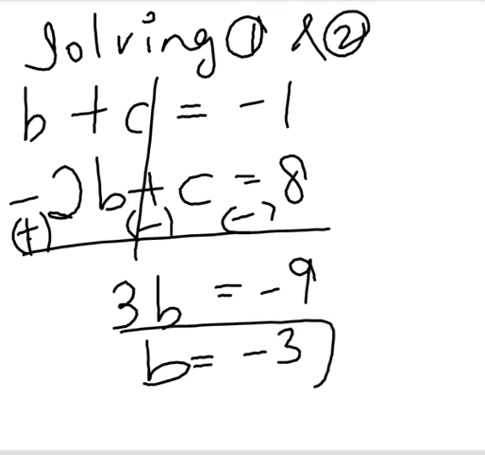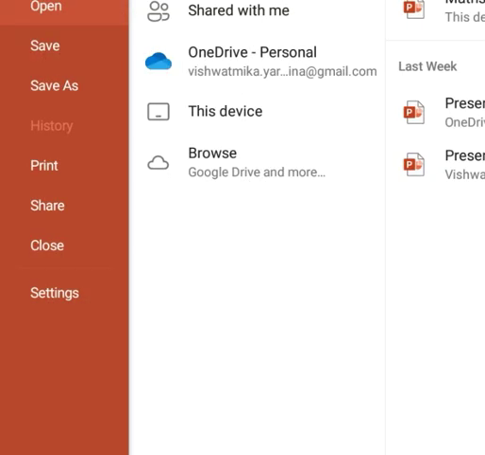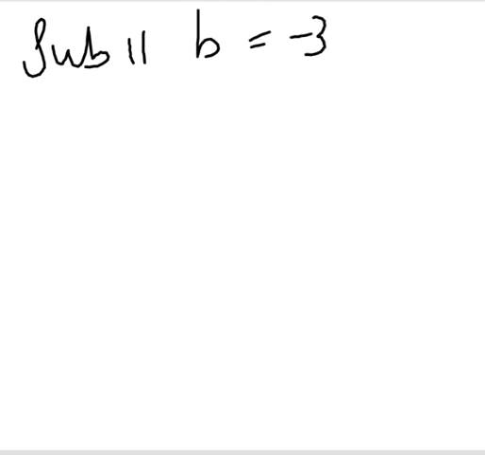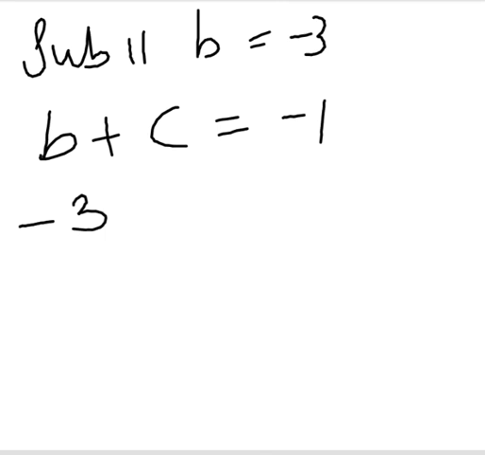So the b value is found, right? Now substitute b equal to minus 3 in one of the equations. Let's take b plus c is equal to minus 1, and put b equal to minus 3: minus 3 plus c is equal to minus 1.